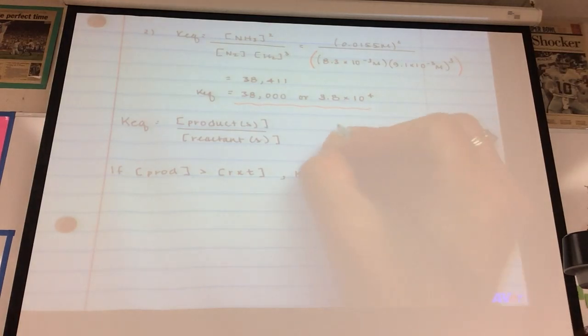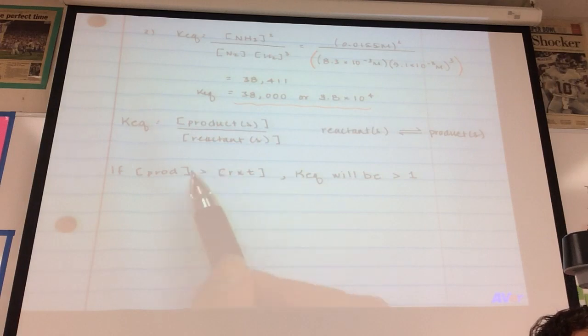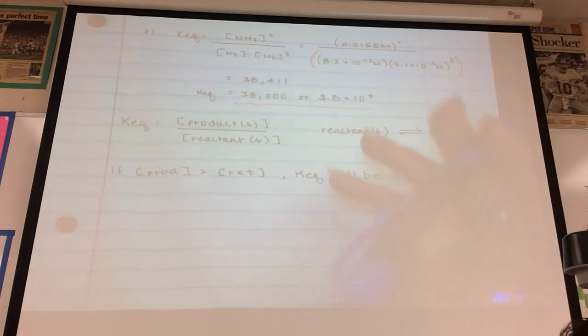And if we consider reactant being converted to product, or product reforming reactant, if product concentration is greater, that means that the forward reaction rate must be faster.